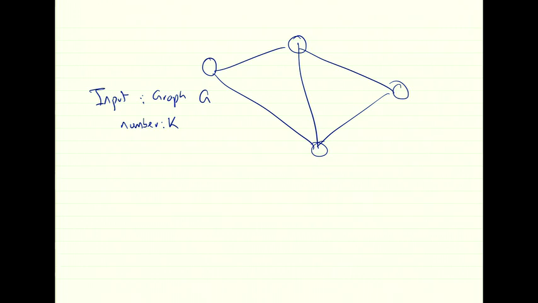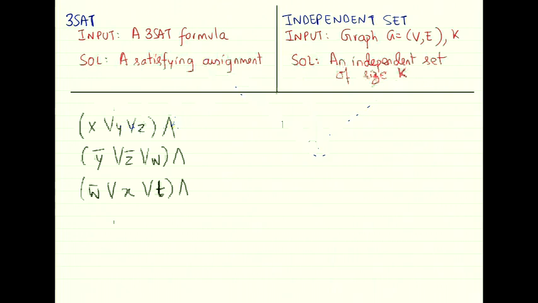If you think of this as an acquaintance graph, you want to find k people who are complete strangers to each other. You're given a network of acquaintances, and you want to find k people who are complete strangers to each other. That's the independent set problem. So there are no edges between the k vertices. You're given the graph and the integer k.